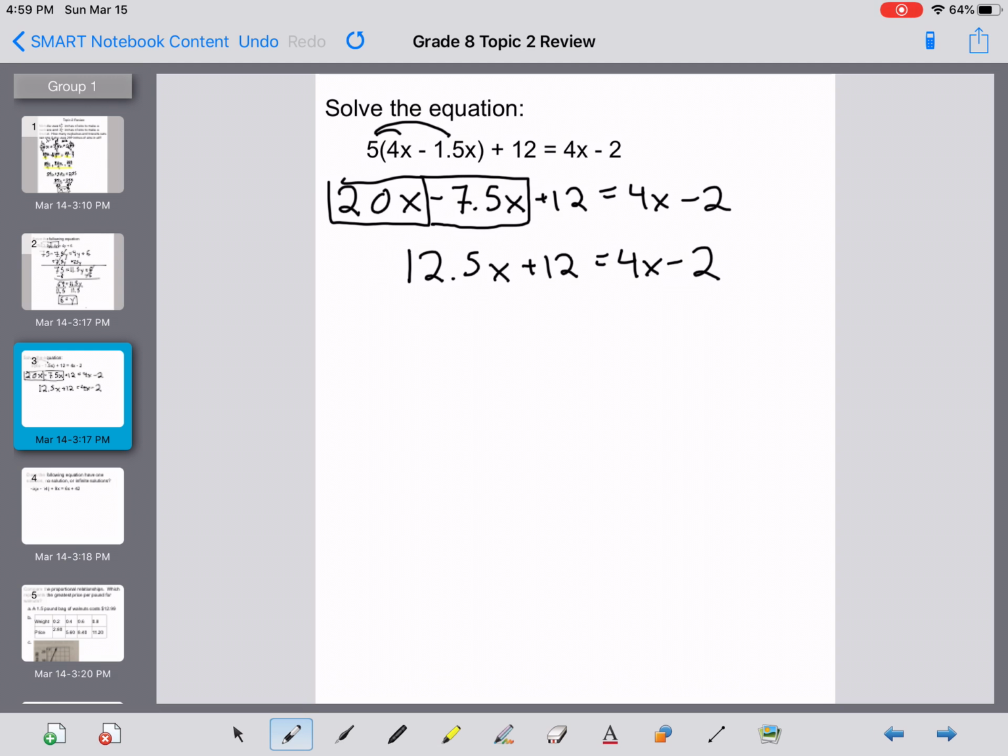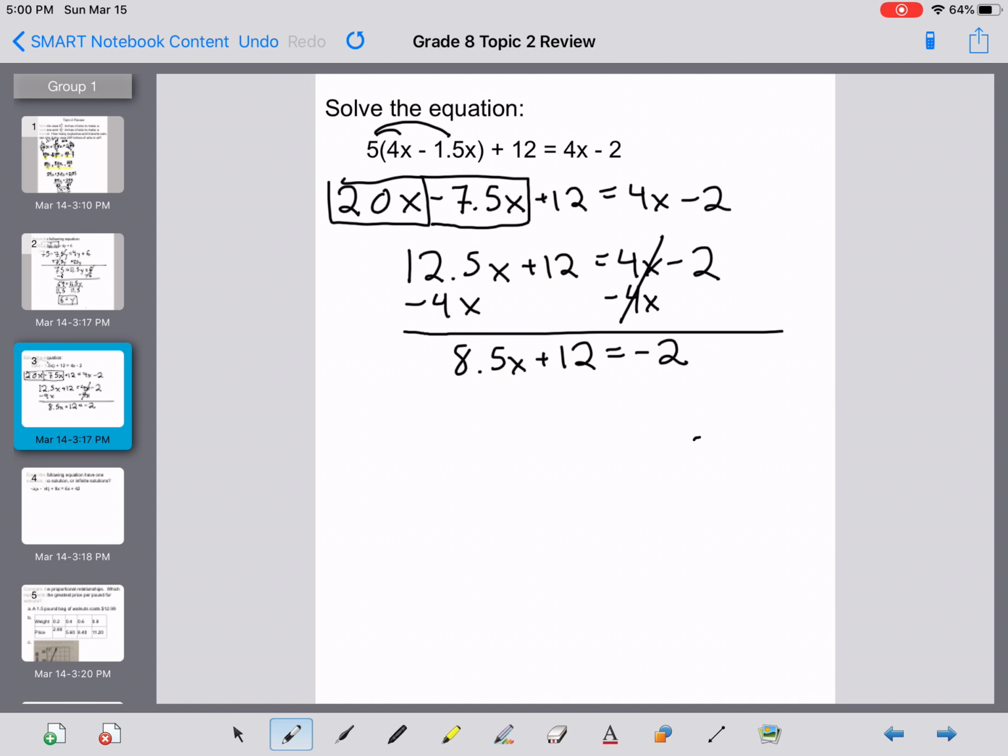There's nothing to simplify on my right, so I'm going to move all my variables to one side and my constants to the other. I'm going to subtract 4x from each side. 12.5x minus 4x is 8.5x plus 12. 4x minus 4x cancels out, equals negative 2.